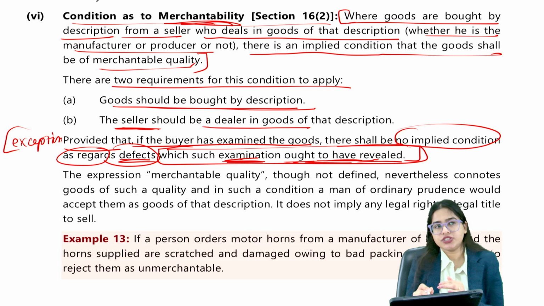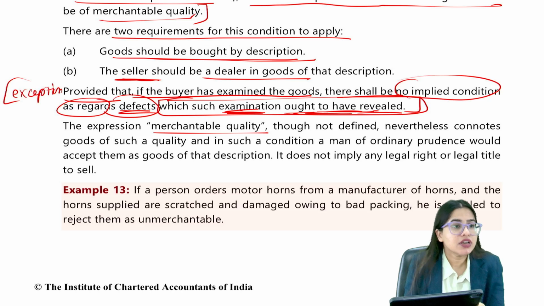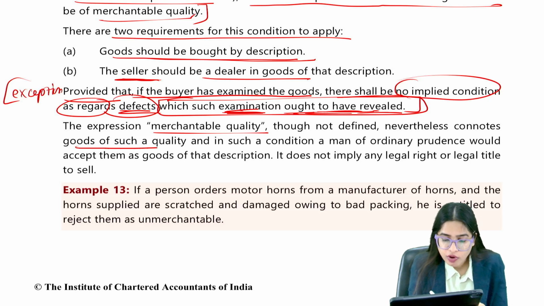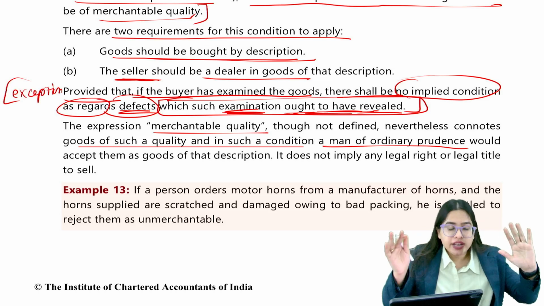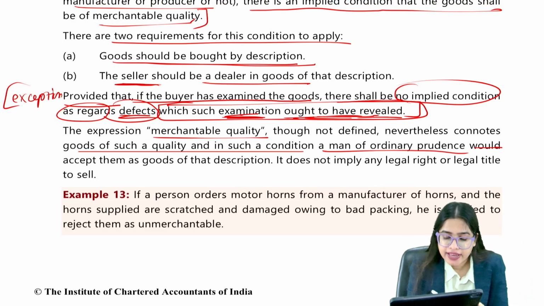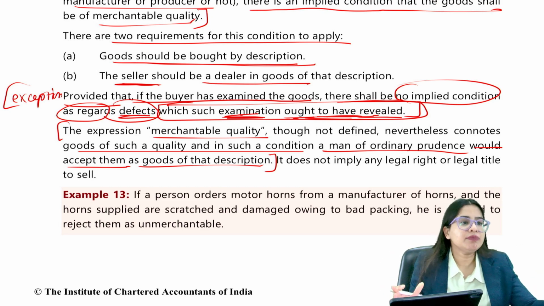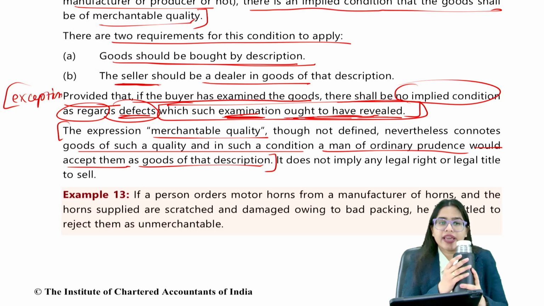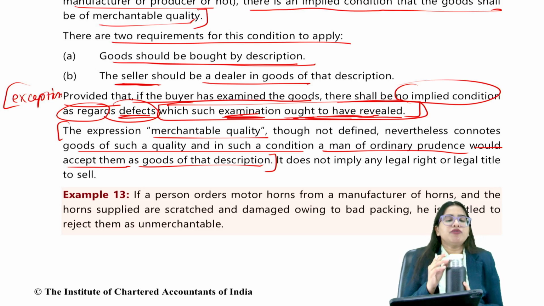in that case there will be no implied condition. Okay, now what do you mean by merchantability? Merchantability means goods of that quality and in such condition that a man of ordinary prudence, meaning ordinary common sense, would accept them as goods of that description. So when a man of ordinary prudence would accept that good, that is known as merchantable quality. For example, a bottle.